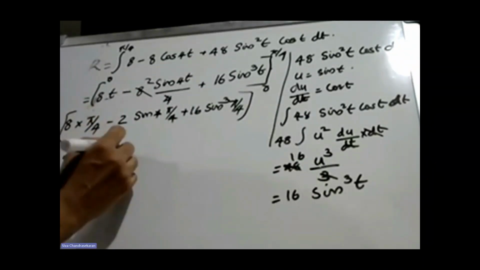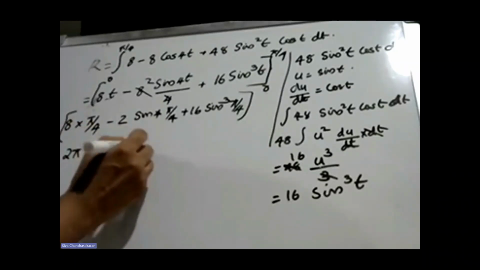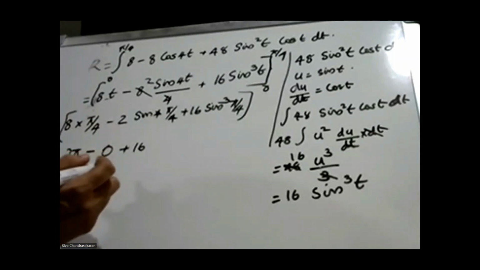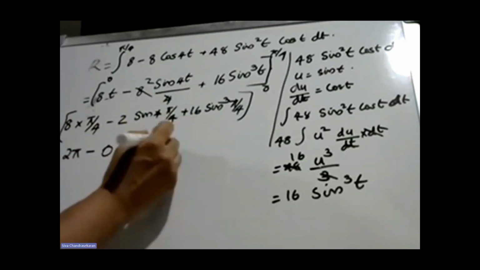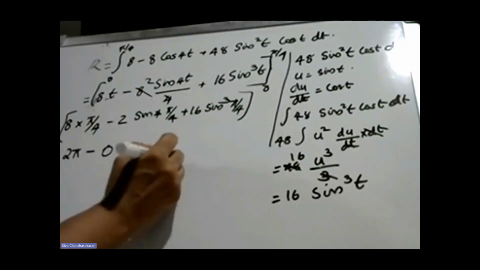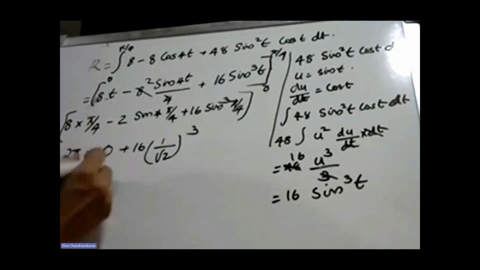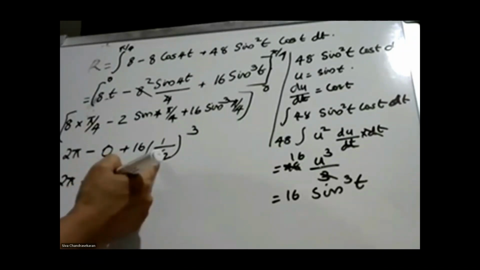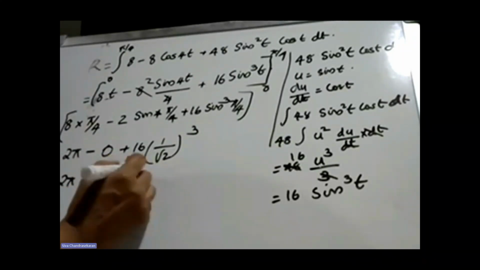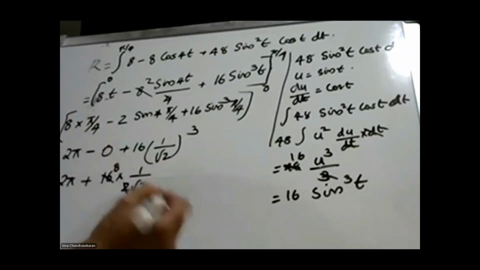Sine pi is 0, so 2 times sine pi is 0, plus 16 times sine cube of pi by 4. Sine pi by 4 is 1 over root 2, cubed. So this is 2 pi plus 16 times 1 over the cube of root 2, which is equal to 1 over 2 root 2.